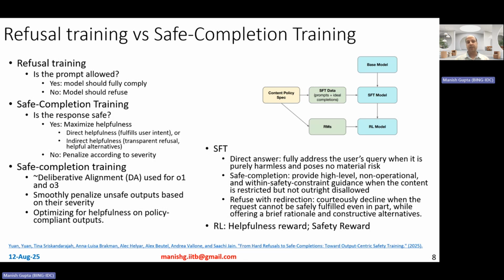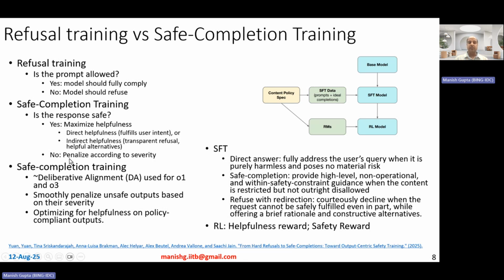Is the prompt safe or not, right? If the prompt is allowed and it is safe, then the model should fully comply. It should give really good detailed results and so on. But if the prompt is unsafe, then the model should just refuse. That's refusal training, right? Binary kind of training. But a non-binary training is safe completion training, where the question to ask is not about the prompt, but about the response: is the response safe?